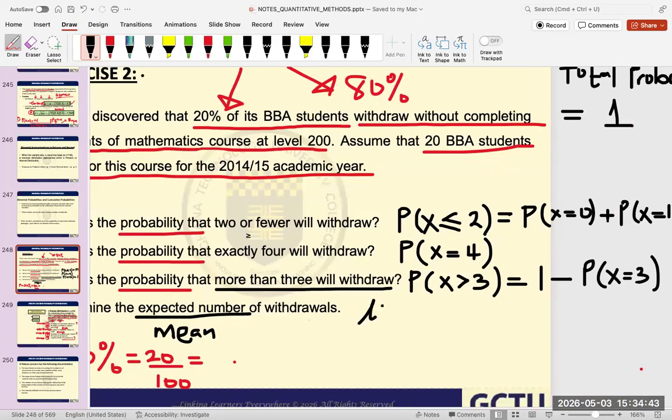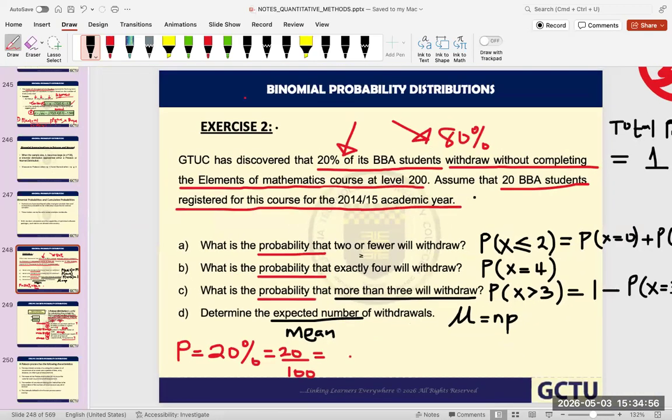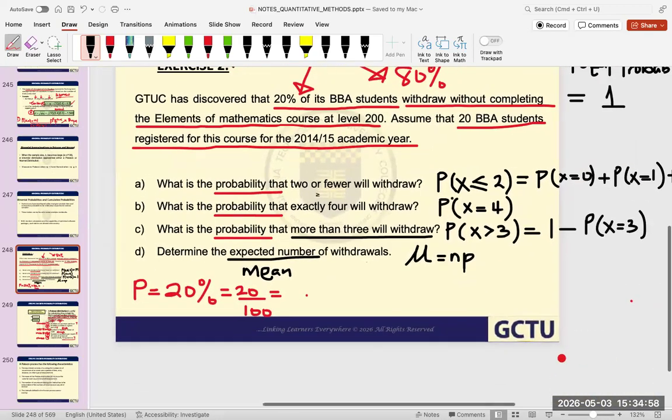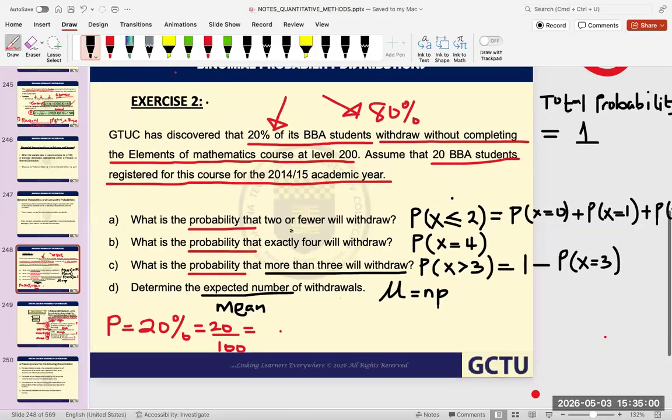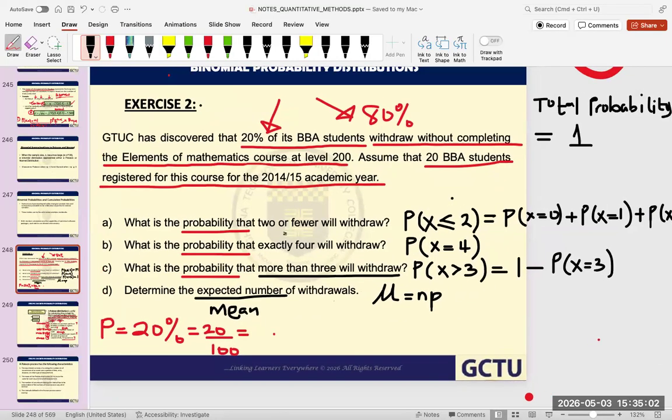We are going to use this formula, mu is equal to NP. That will give us the results. So this is how we have analyzed the questions.